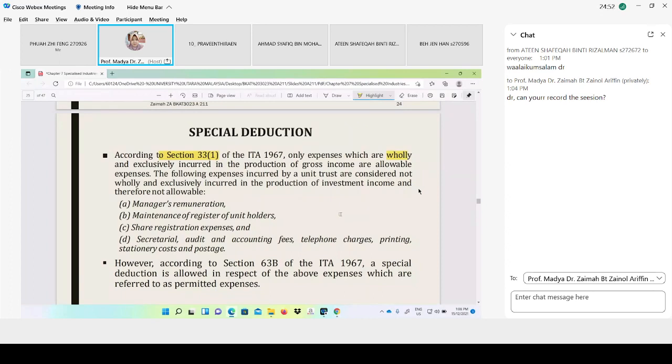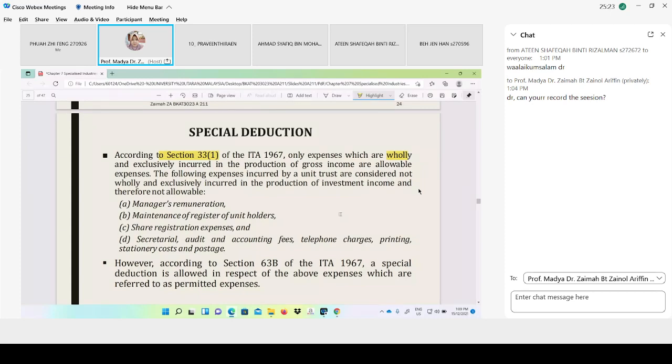They will give you special deduction, but not all expenses other than section 33 will be allowed. Similar to permitted expenses in the ISC, these are expenses which are not wholly and exclusively incurred in generating the investment income, which is not allowable under section 33, but is allowable as permitted expenses.